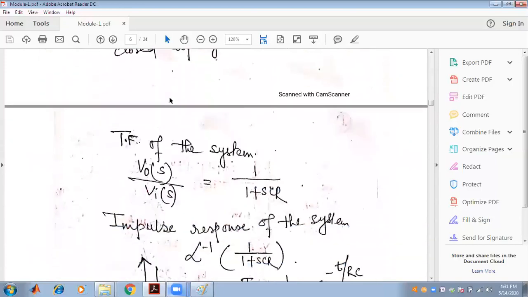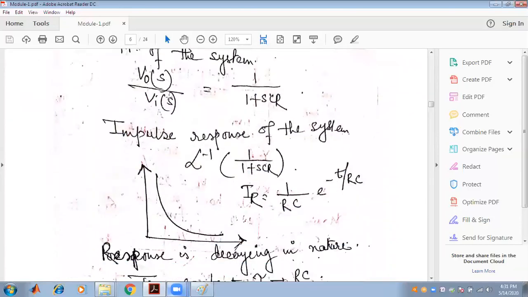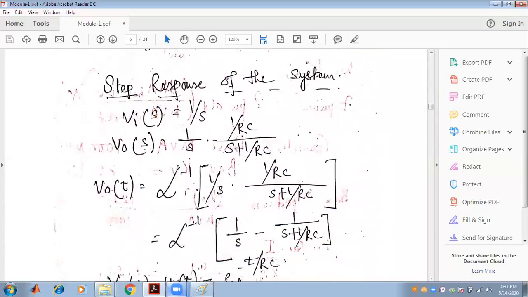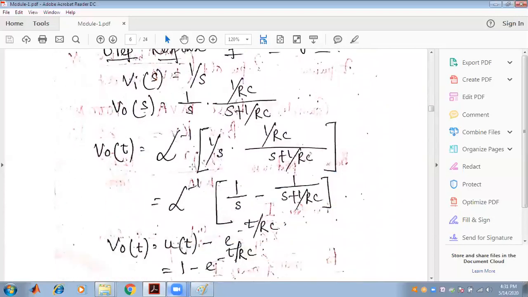So we will find the transfer function and the time constant that we have obtained, and along with that, the impulse response, where we find that the response is decaying in nature, and second, the step response, meaning the step function u(t) equal to 1 is given, and the response, the output that we are obtaining, is 1 minus e to the power minus t by RC.